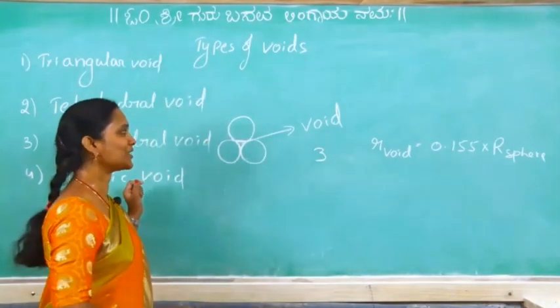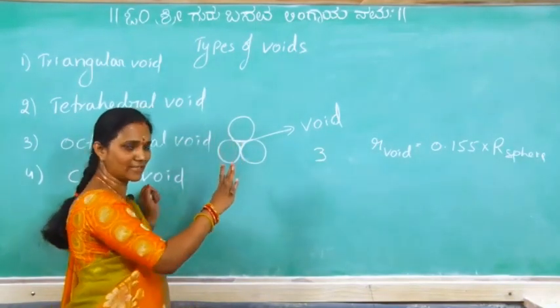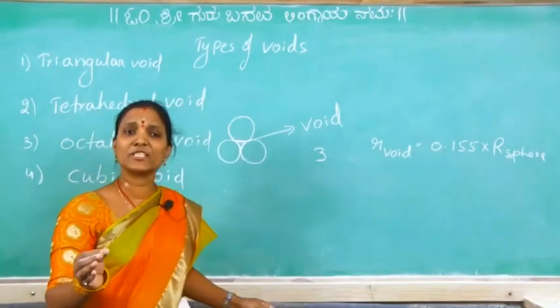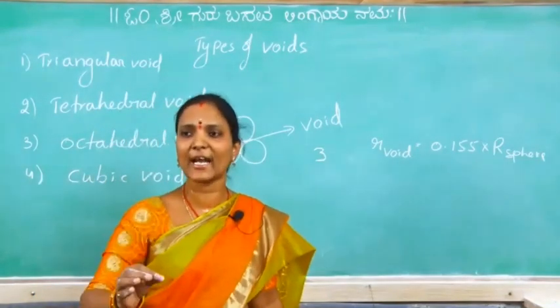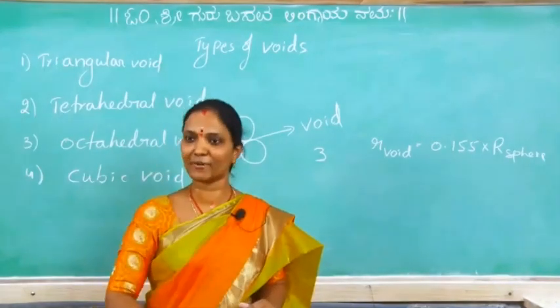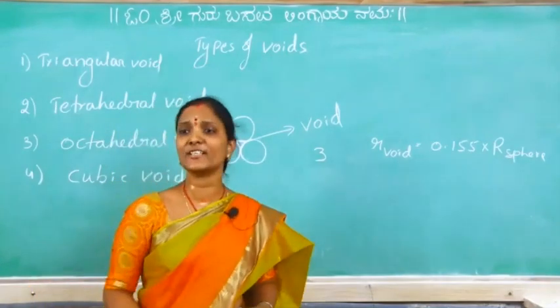So this void is small, definitely, so it is occupied by cation. What is the size of the cation that can fit in the triangular void?